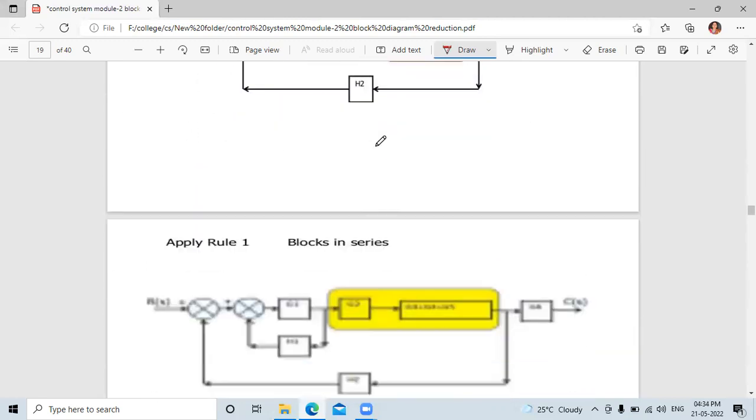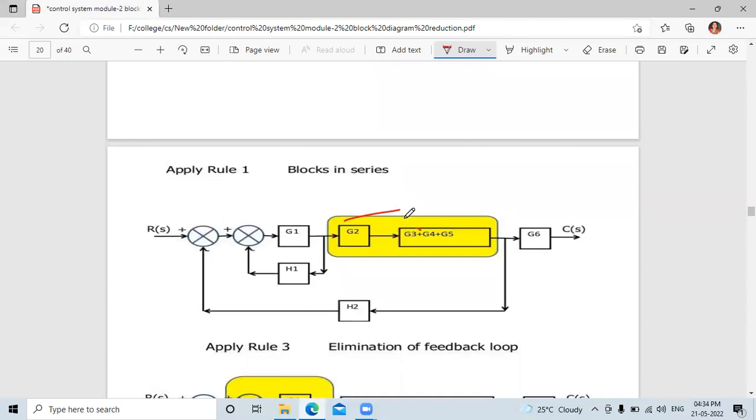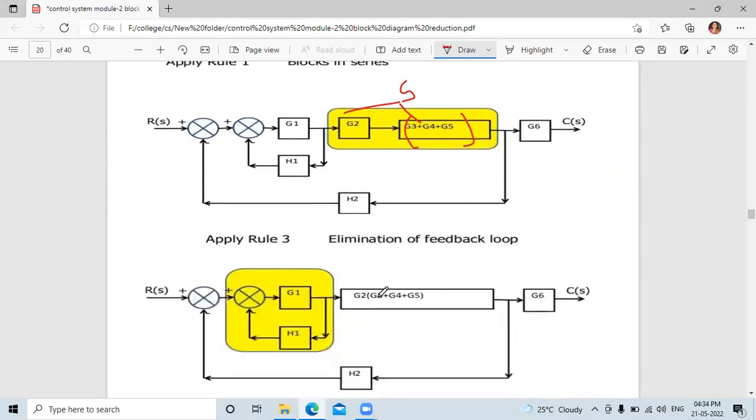Next, these two are in series, so multiply: you get G2 into (G3 plus G4 plus G5). Make it one block.